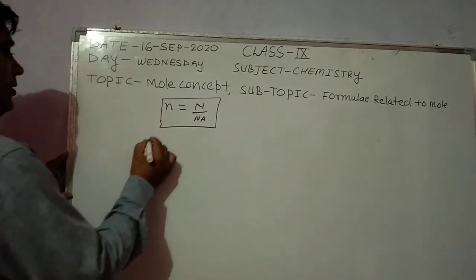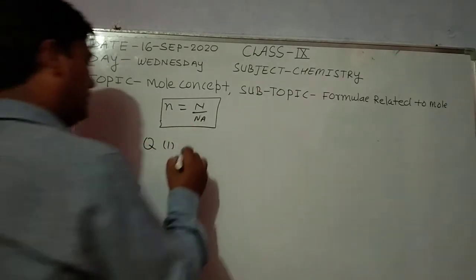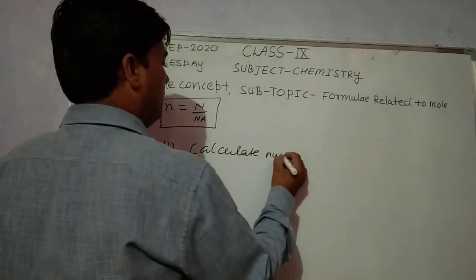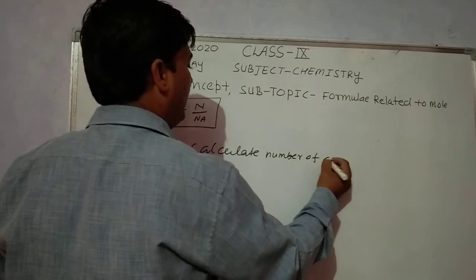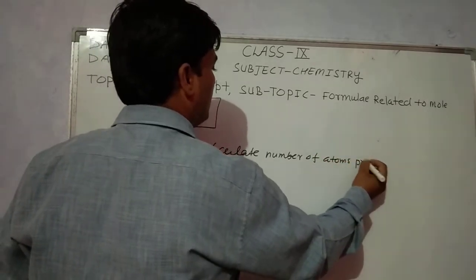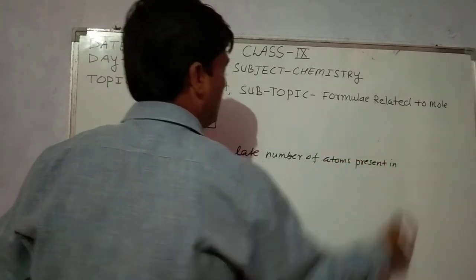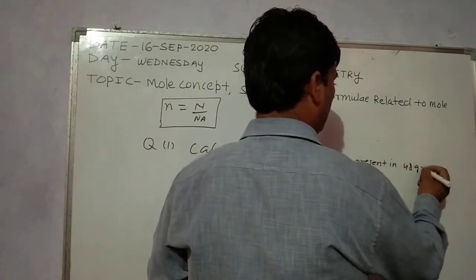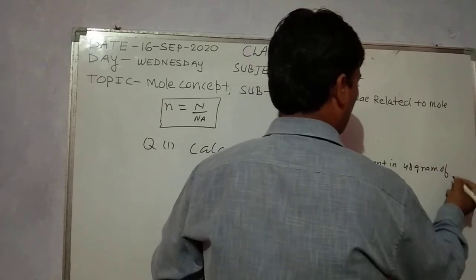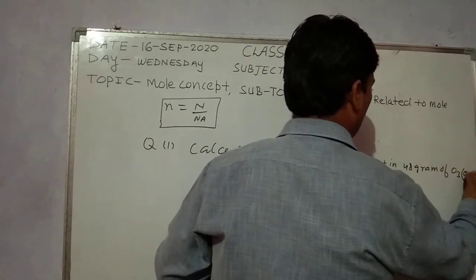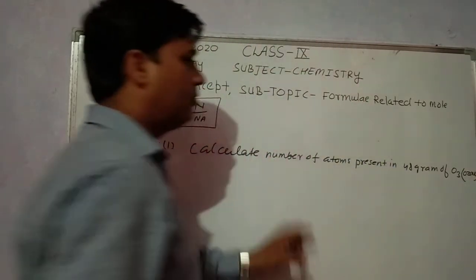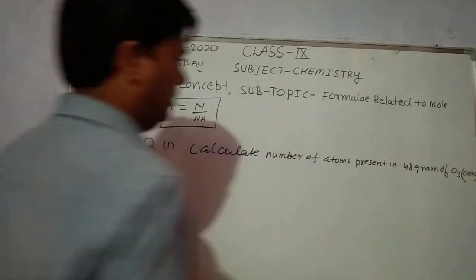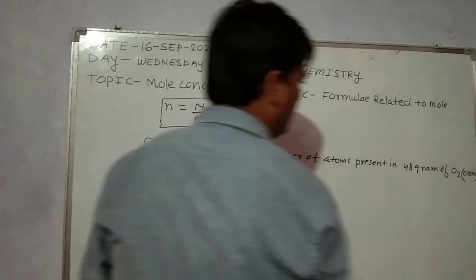First question related to this formula: calculate the number of atoms present in 48 gram of O3, that is ozone. This is the formula of ozone, not oxygen.